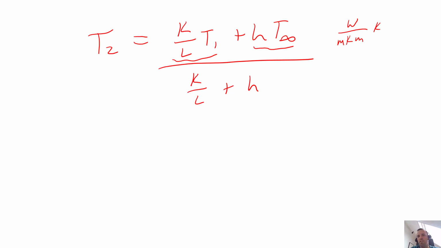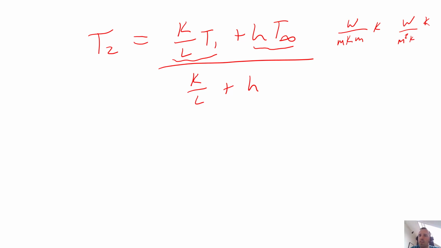We could also think about each of those in terms of degrees Celsius. We don't really have to worry about absolute temperatures much unless we're dealing with radiation, where you're taking temperature and raising it to the 4th power. There may be other instances where you need to work in absolute temperatures. Okay, let's look at this other term. h has watts per meter squared per Kelvin, and T infinity has Kelvin or degrees C, but we're going to use them interchangeably for now.